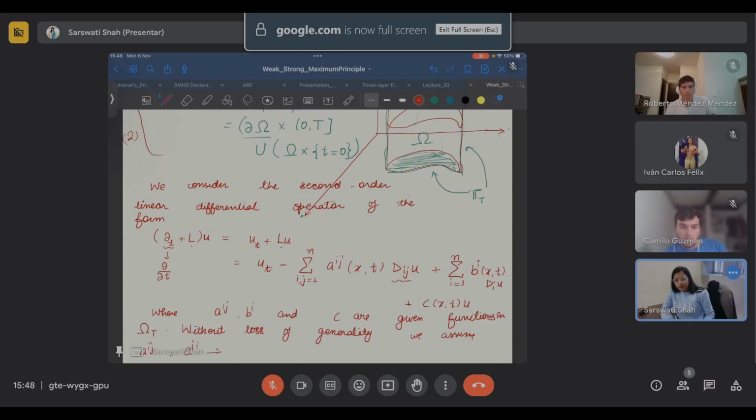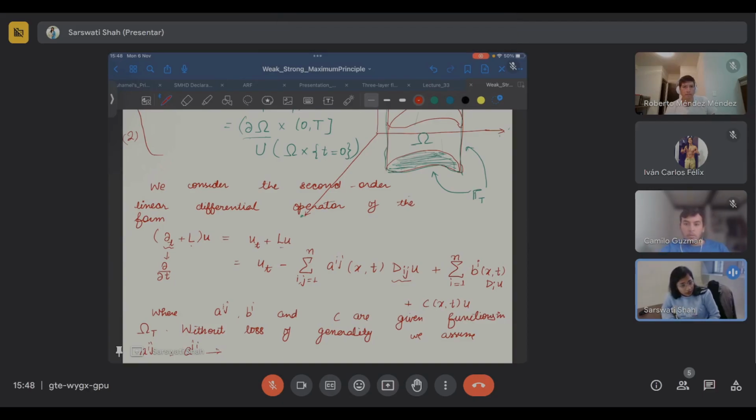This means that the continuous derivative of the unknown variable, they are symmetric.